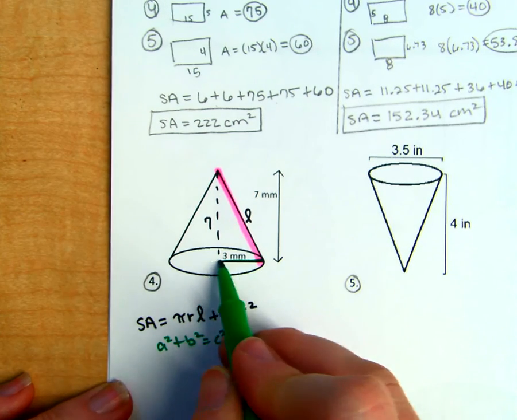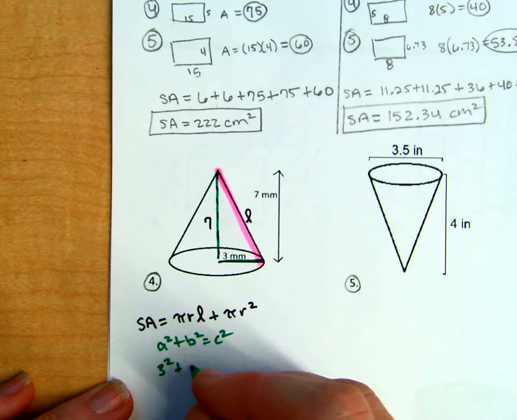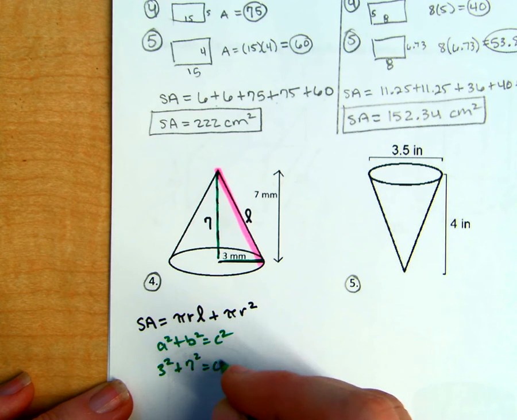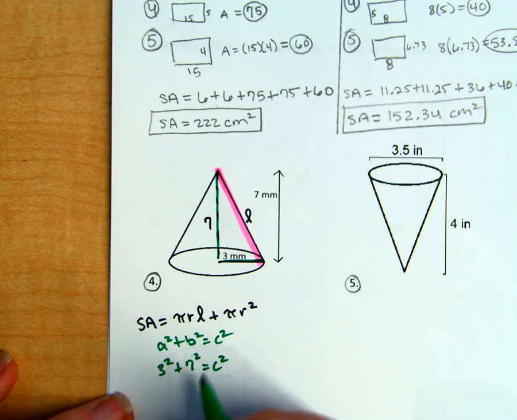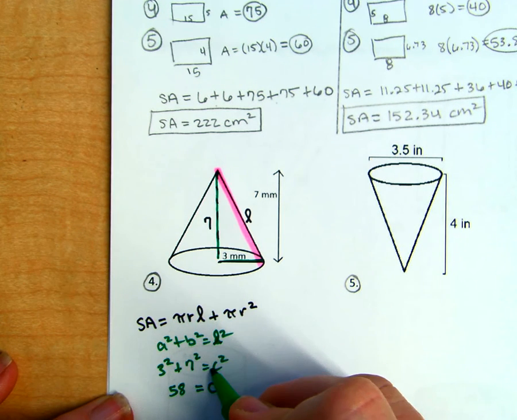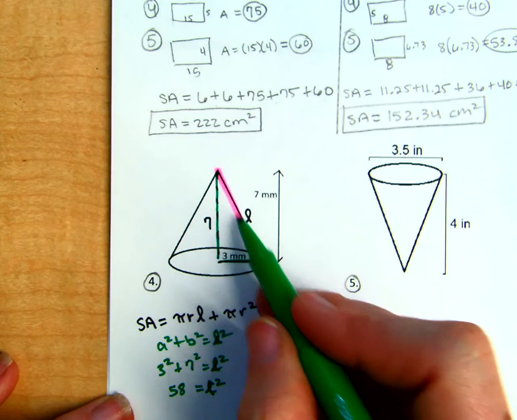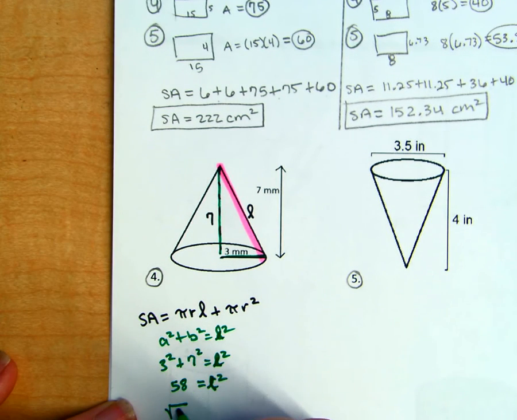And my two side lengths here are 3 squared plus 7 squared equals c squared. If I type this into the calculator, 3 squared plus 7 squared, I get 58, doing 9 plus 49. And I guess I could be calling this L squared so that there's not multiple variables going on here because I'm solving for L.